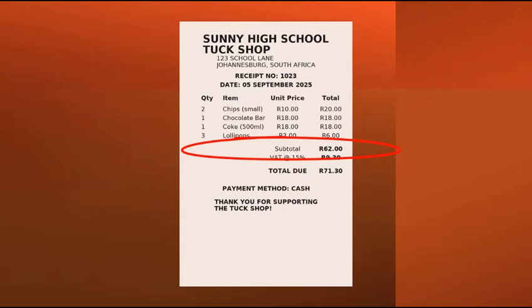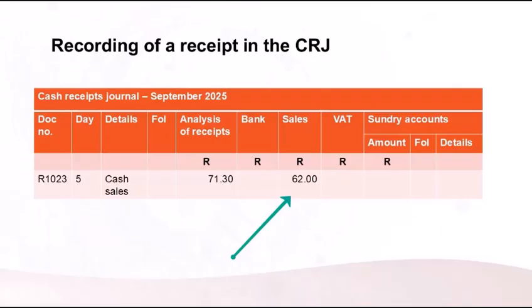So we are going to use the subtotal to record our sales column in our cash receipts journal. In our sales column, we will record 62 Rand. Our next column that we need to record is the value-added tax column. So let's quickly go back to our receipt and find our value-added tax.